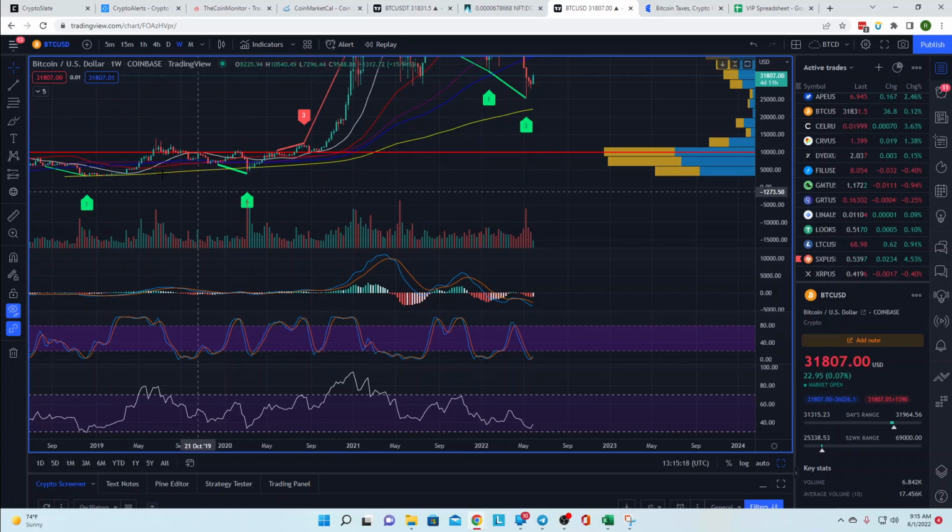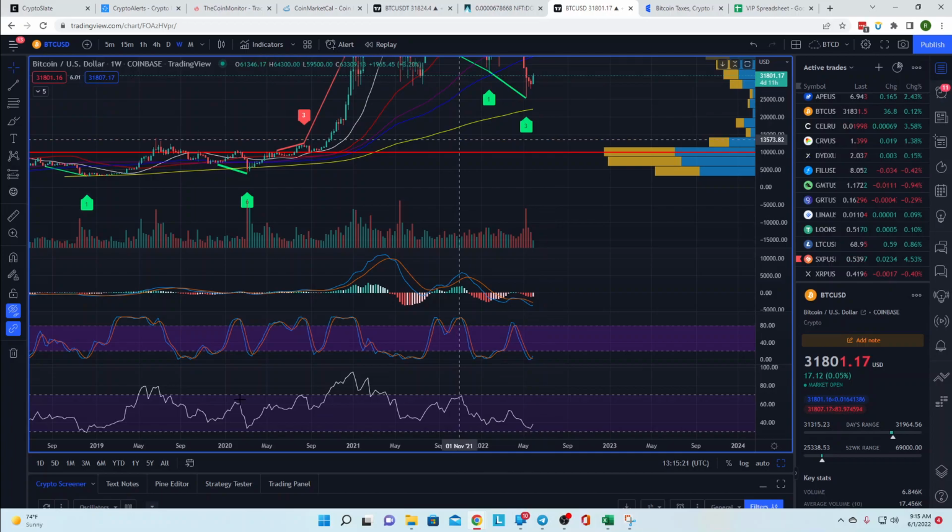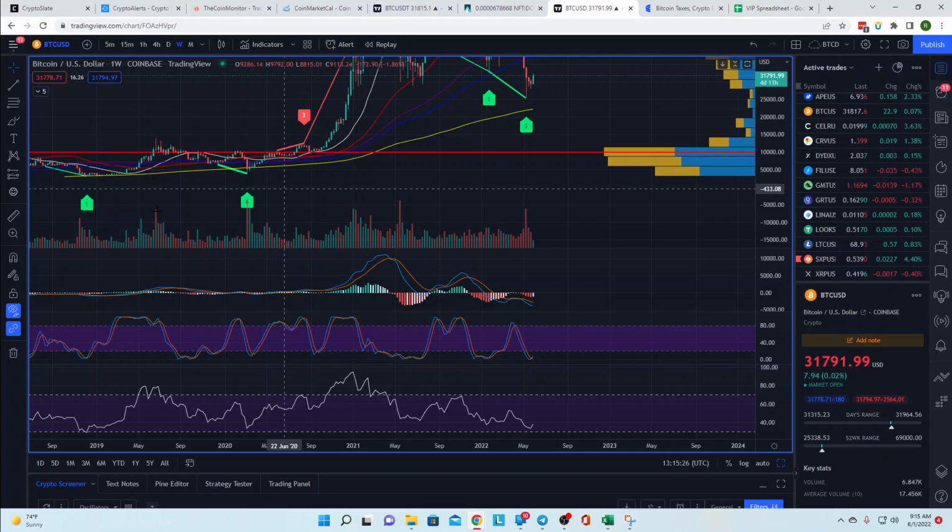What's the difference between these ones here and this guy here? Well, they're at the same RSI level, but you can see here that the 200 simple has not even come into play yet.